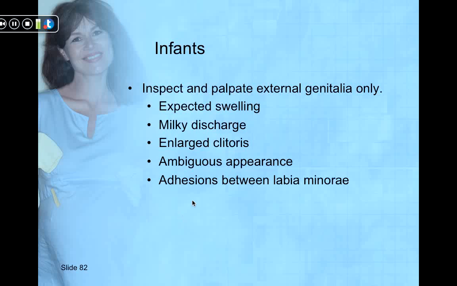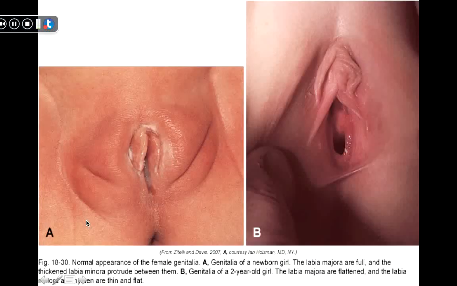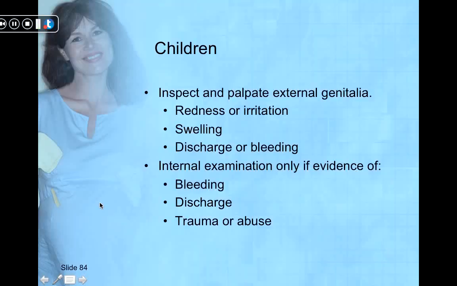They might even have some adhesions. And some of those can be related to the hormones. So that's something we sometimes just provide some reassurance. And that's why we follow up with the infant routinely, and more often when they're newborns. And this shows the normal appearance of a newborn girl and then of a 2-year-old girl.